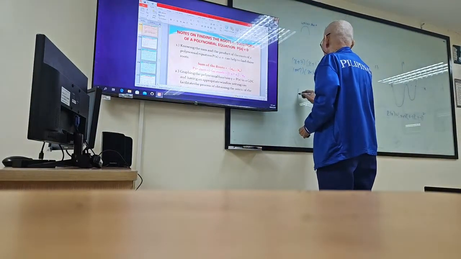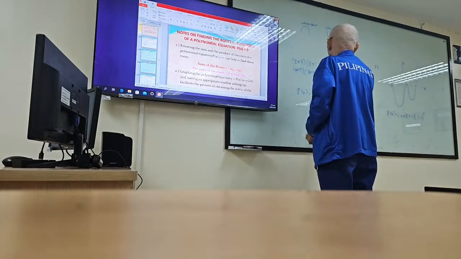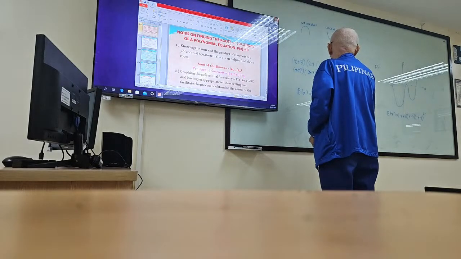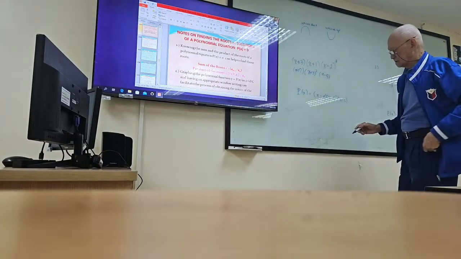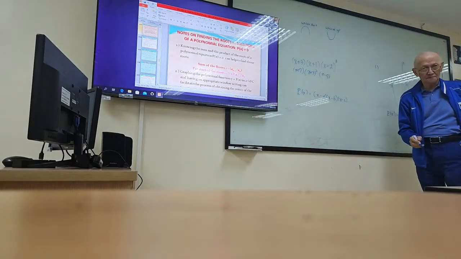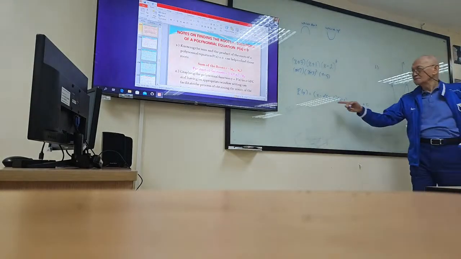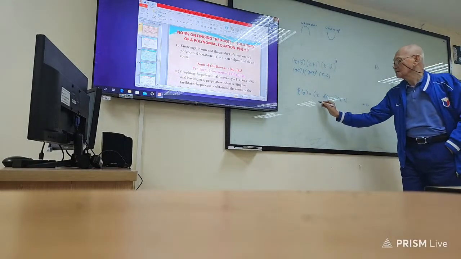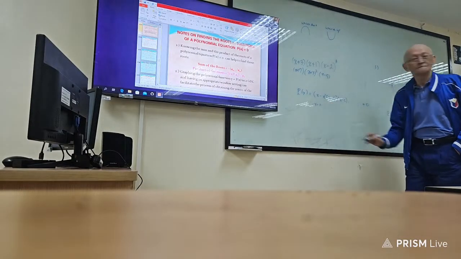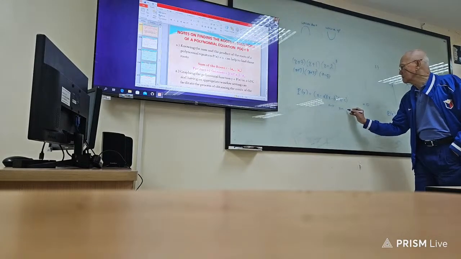Okay. If you have a polynomial function and you can factor this into several single factors like this, and you equate each one of these factors to 0 and solve for x, you will get x equals a, x equals b, x equals c, and so on.